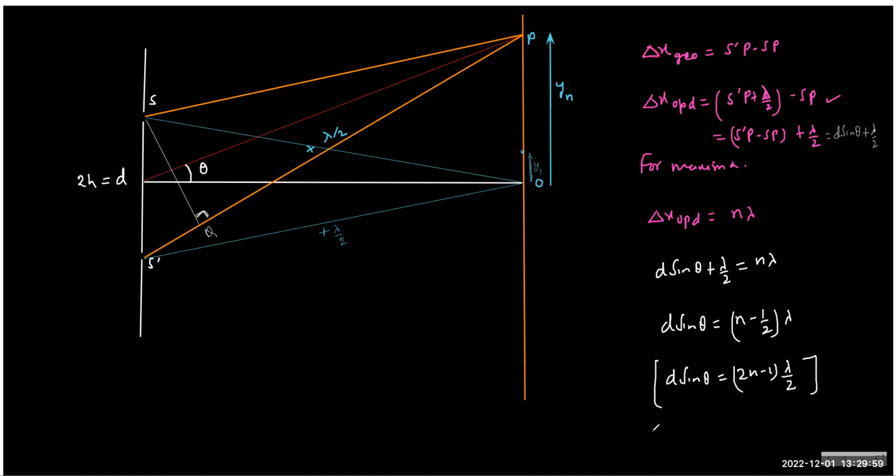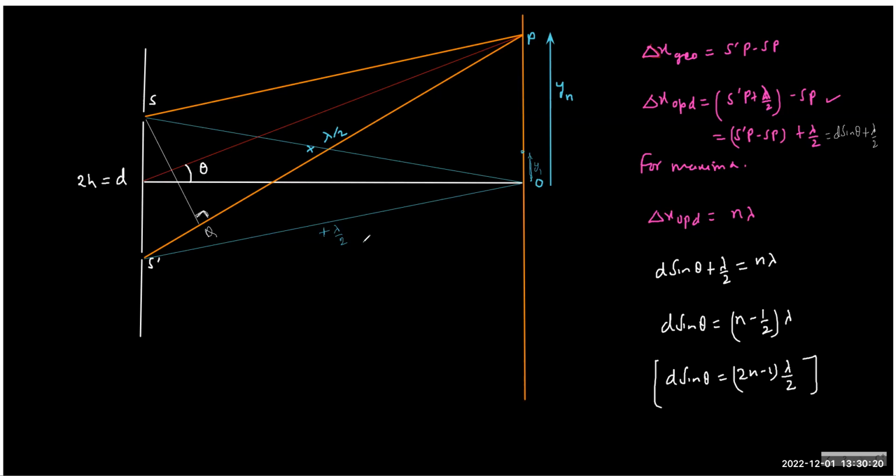So what you can see is that if you only look at the geometrical path difference, the condition for maxima has converted into the condition for minima. So it is now the odd multiple of half wavelength, right? Yes, sir. Because this is anyway lambda by 2 bigger.